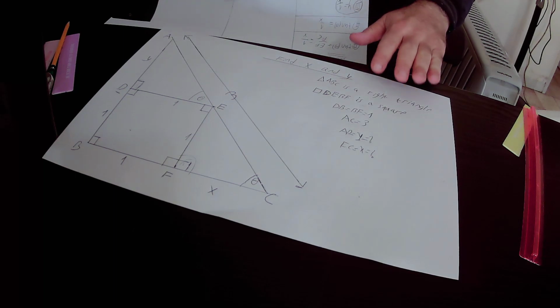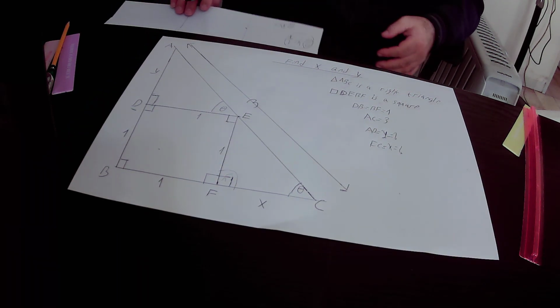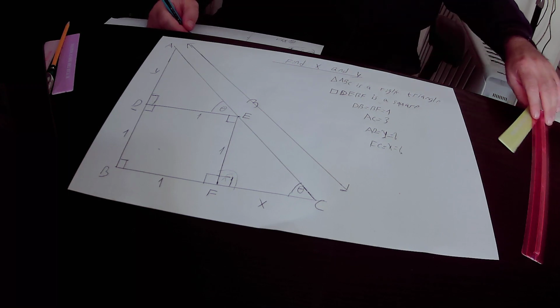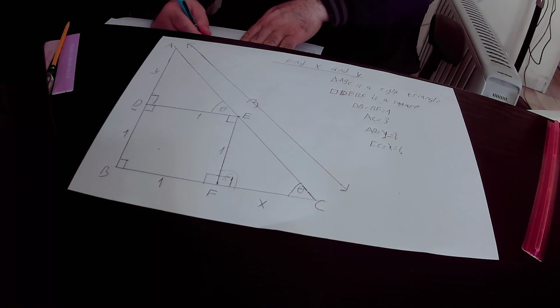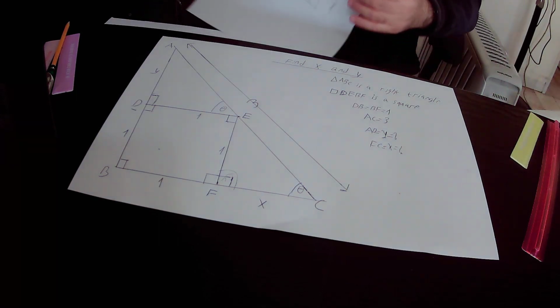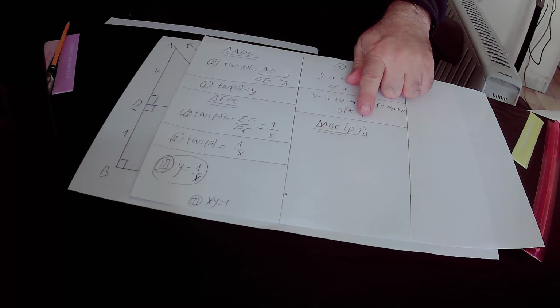In the next step, we will focus on the right triangle ABC. In the right triangle ABC, according to the Pythagoras theorem, here the letters PT are the abbreviation for Pythagoras theorem.